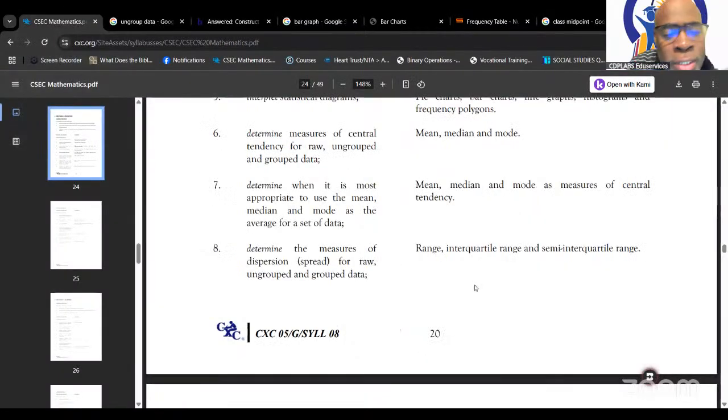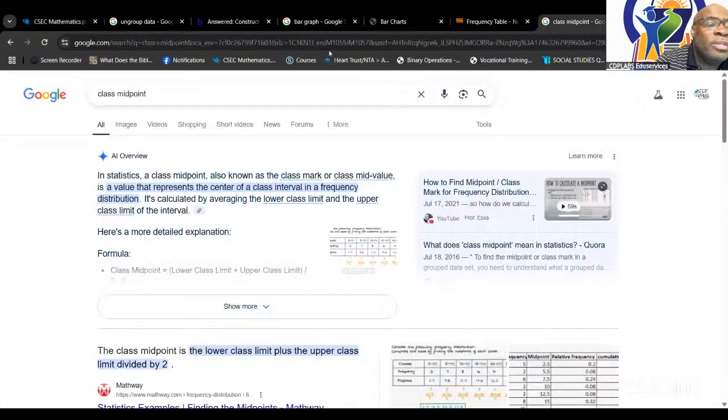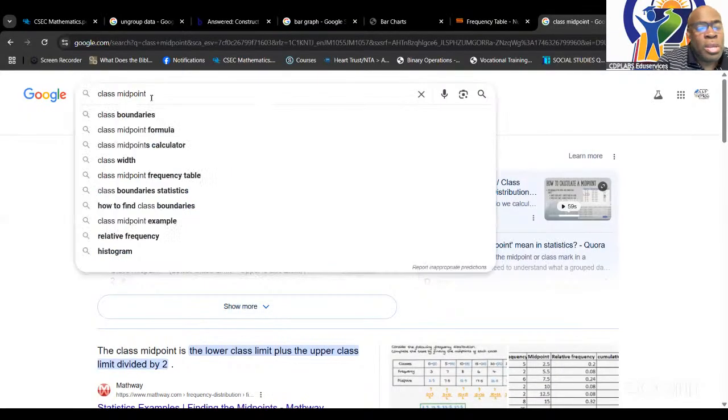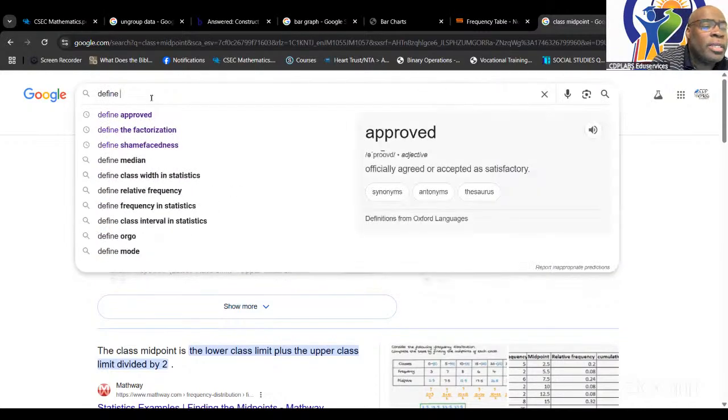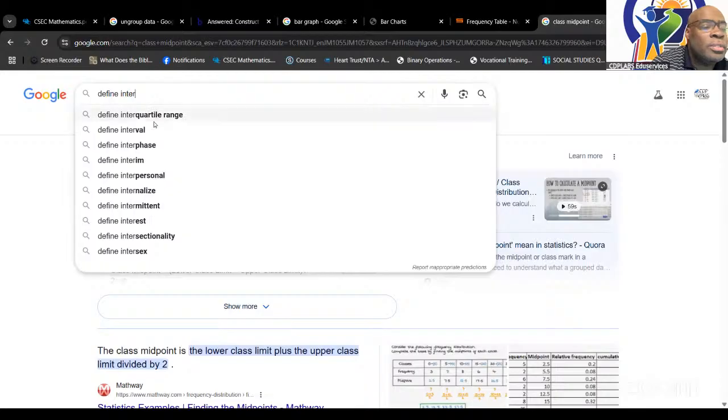The interquartile range now, and I tell you, everything that I'm explaining is in the videos that I create. So I'm just basically giving this as an overview, showing you how you can use the syllabus to revise without using past paper questions. So, define interquartile range.